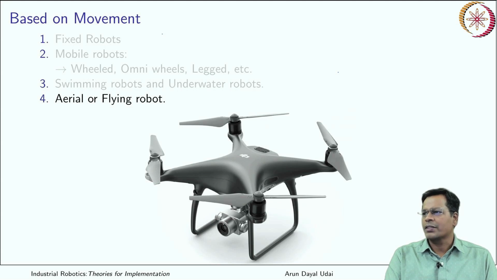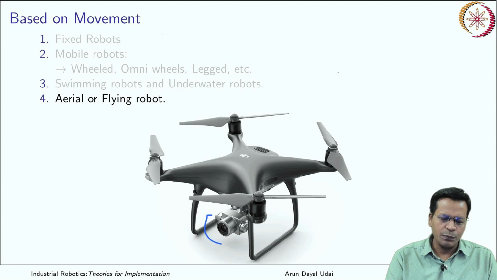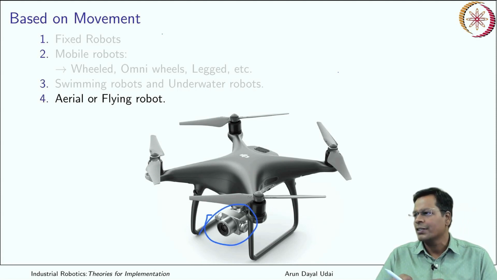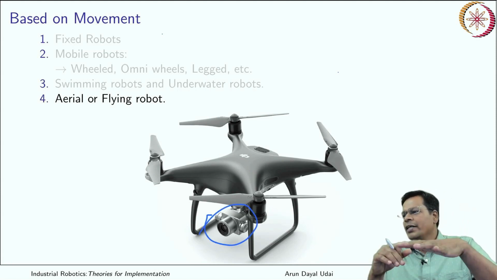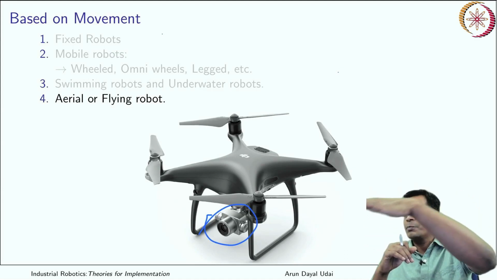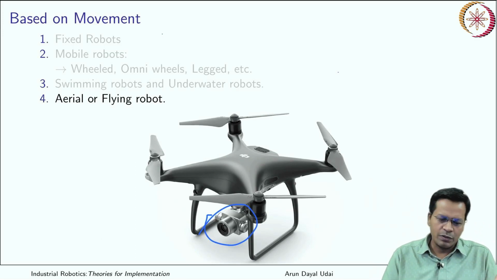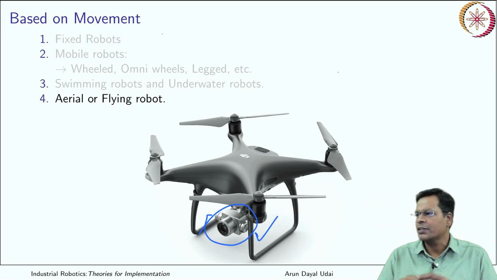Another big one is aerial and flying robots. You must have seen nowadays in parties and all, this type of camera shooting you. It has a camera here, right? It can fly, it can maneuver, it can float anywhere in space, XYZ, and it can carry some payload like a camera or sensors.